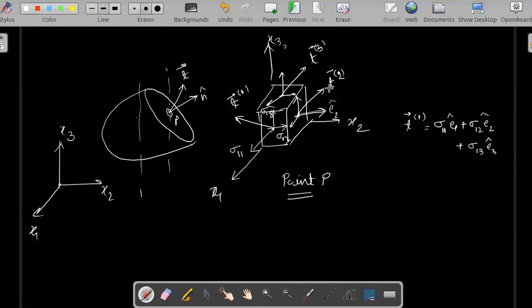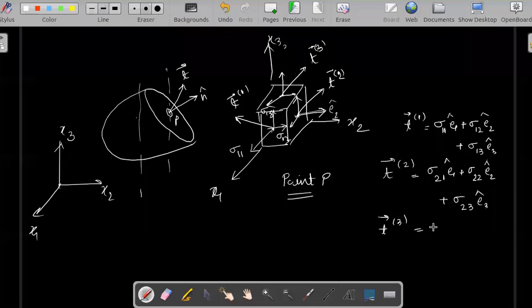Similarly, we decompose the traction vector acting on plane 2, and this we can write as T2 equals sigma 21 E1 plus sigma 22 E2 plus sigma 23 E3, and so on. We can write T3 as well. We have decomposed this traction vector T3 into three, along the x1, x2, and x3 axes.